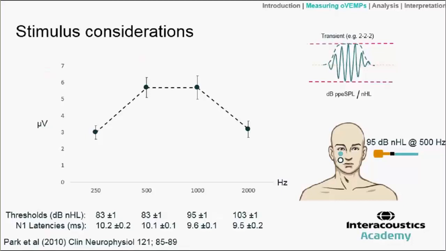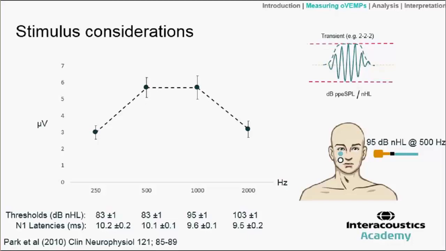Now there is a complex tuning pattern where it may even be double peaked, and for very low stimuli, not shown on here, but around 100 Hertz, it may be that with the way in which the utricle isn't rigidly attached to the bones of the skull, and rather free floats, or at least a portion of it floats rather loosely, this gives it a certain sensitivity to the lower frequencies, a lower resonance, and so there may be both low and high frequency tuning for the oVEMP, but for clinical purposes, in that region around 500 Hertz.